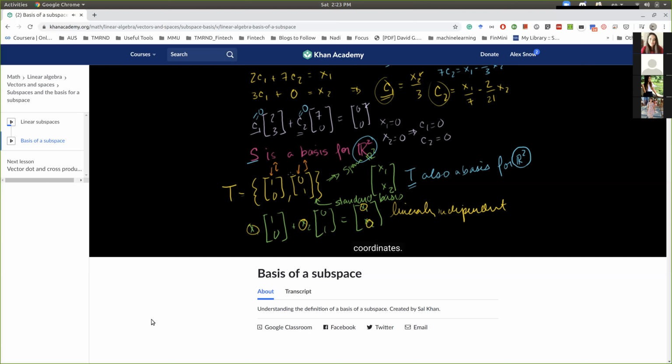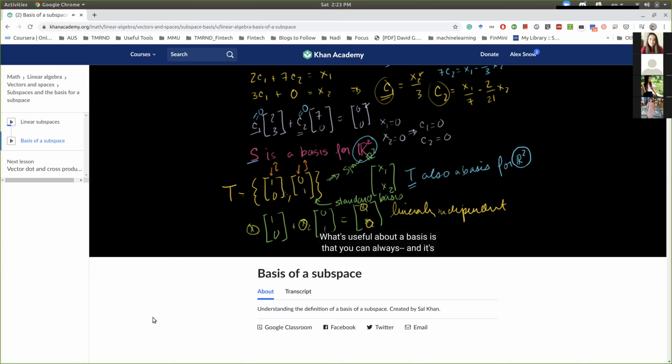And what's useful about a basis, and it's not just true of the standard basis, is that you can represent any vector in your subspace by some unique combination of the vectors in your basis.